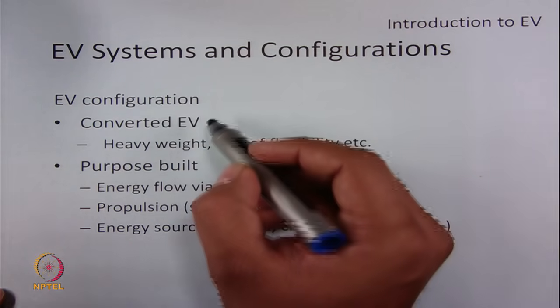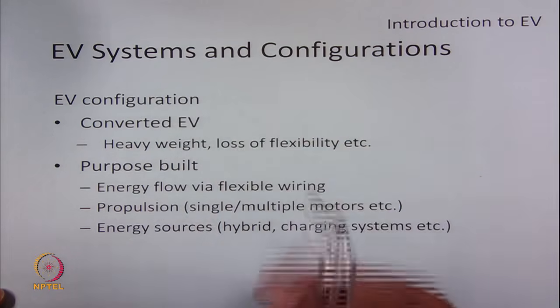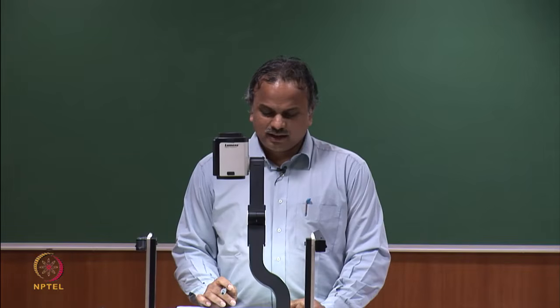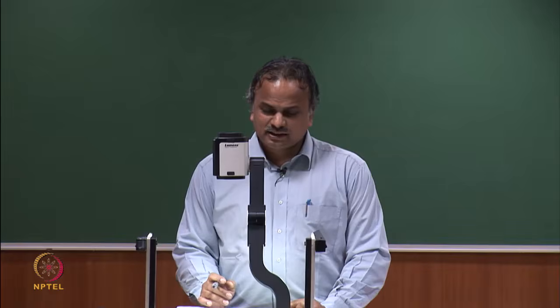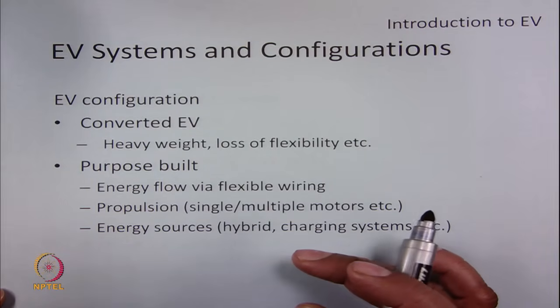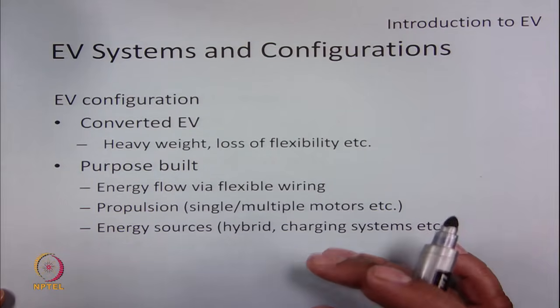So, this type of EV design is very simple and it can use already obsolete IC engine vehicles which have completed their service life of 15 to 20 years and are lying idle.